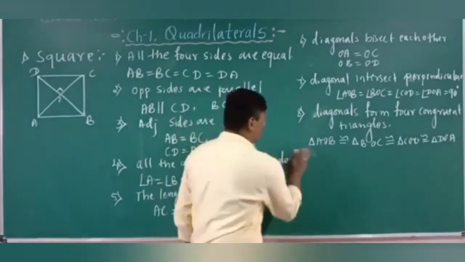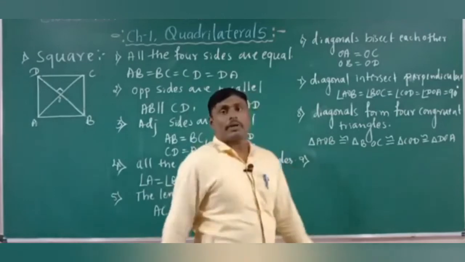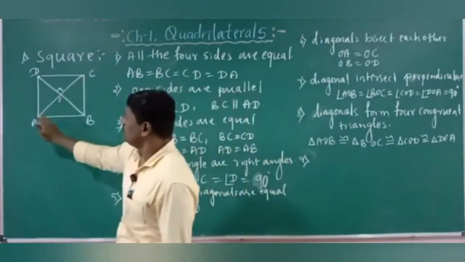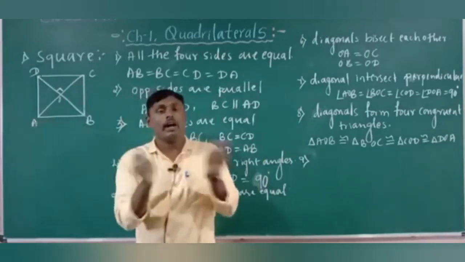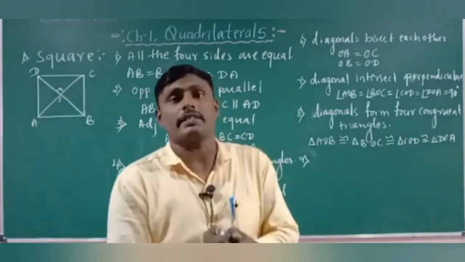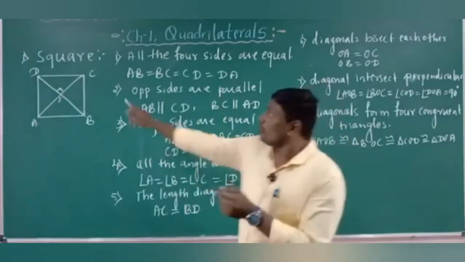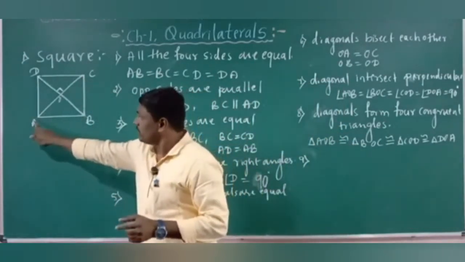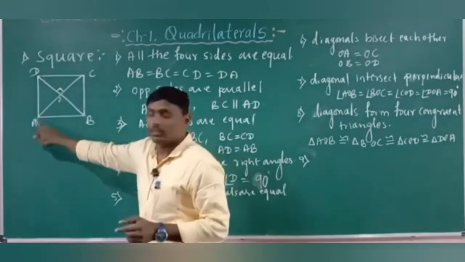Okay, next one, ninth property of the square. Here you are observing the diagonals. The diagonals bisect the angles that they pass through. For example, here AC is a diagonal, no?